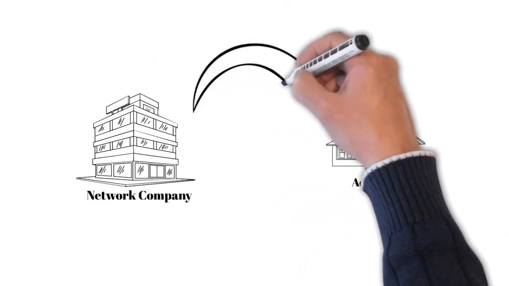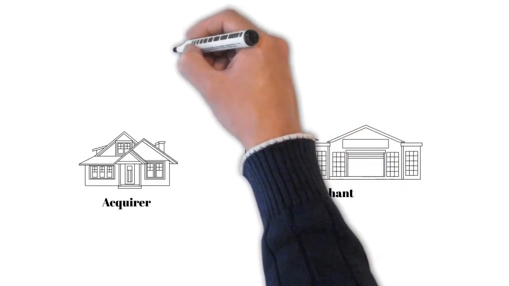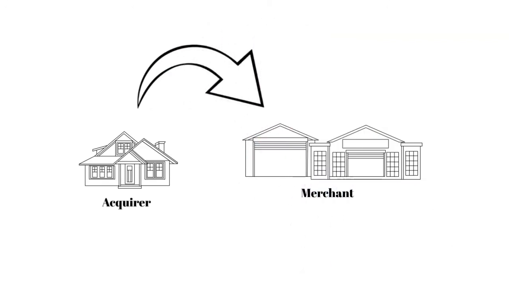The acquirer receives the details of the transaction and then sends the issuer approval to the merchant. Now the merchant knows that the transaction is approved, so he can hand over the package to the consumer and the consumer can leave. And the merchant knows that later the acquirer will give the money.